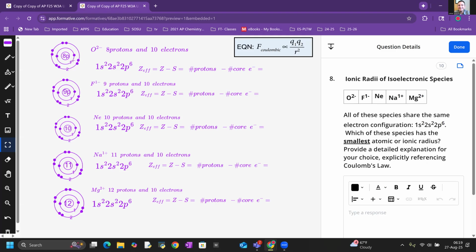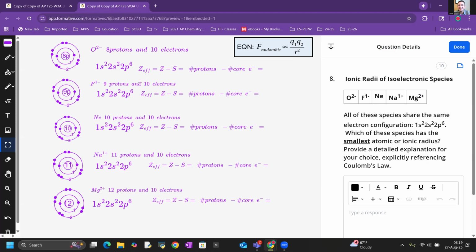The larger the force of attraction, the smaller the atom will be, because the pull will be stronger, meaning these electrons will be pulled closer to the nucleus. And so we have a formula for figuring that out, and that is called the effective nuclear charge. The effective nuclear charge is simply Z, which is the number of protons, minus S, which is the number of core electrons.